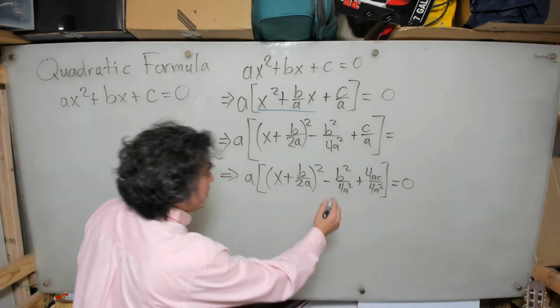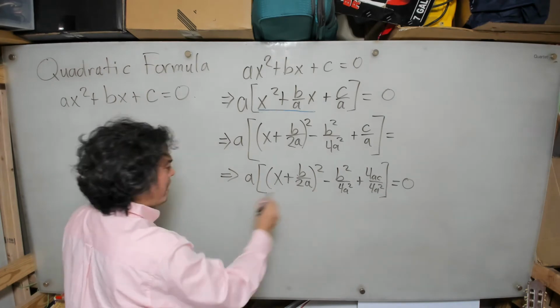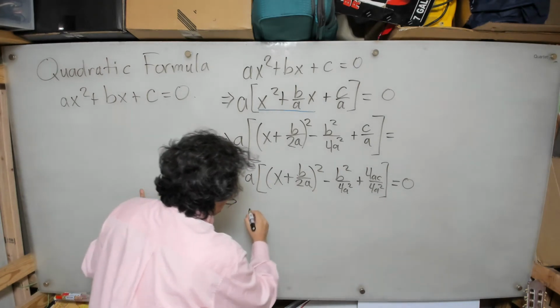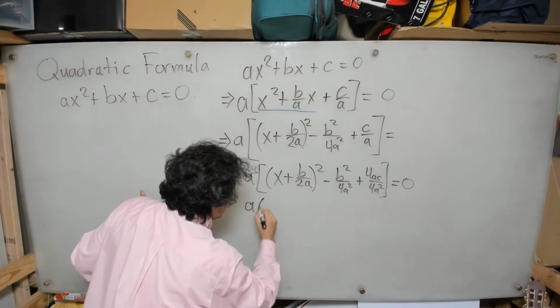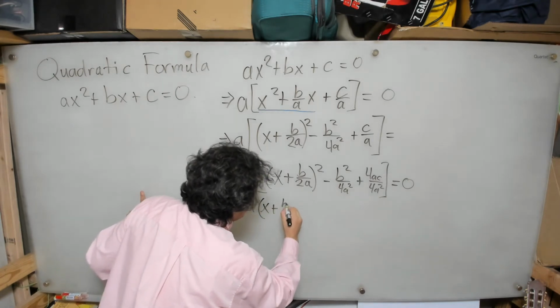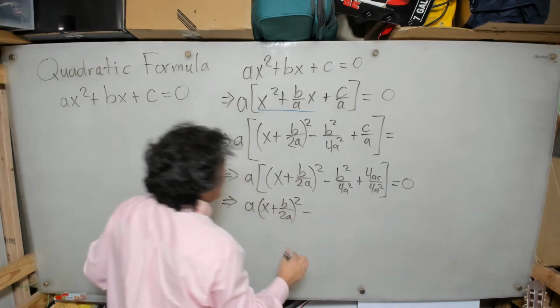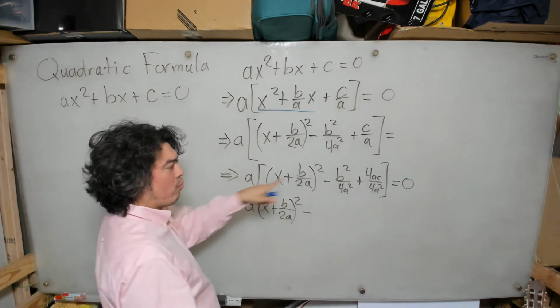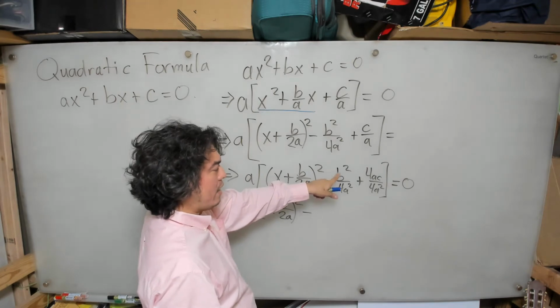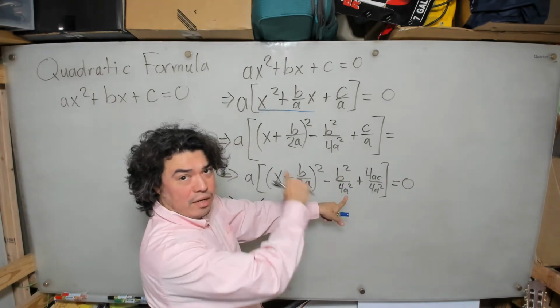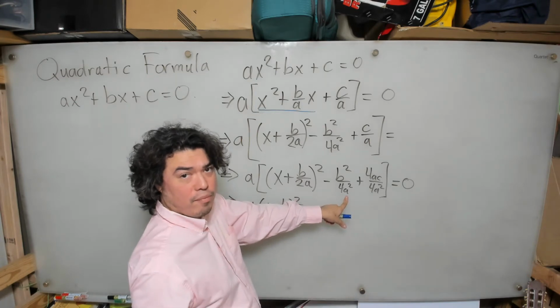Now I'm going to multiply the whole thing by a. This is going to give me a times x plus b over 2a squared minus this a, when I multiply at the top, will become a b squared over 4a squared. I can get rid of one factor of a from the top and bottom.